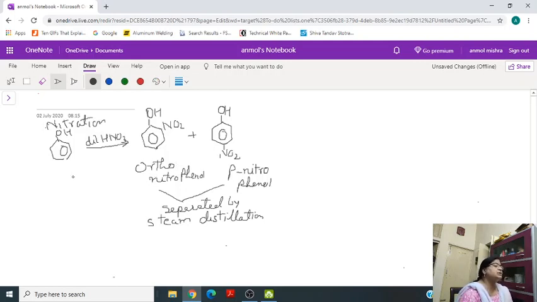Next is nitration of phenol with concentrated nitric acid.